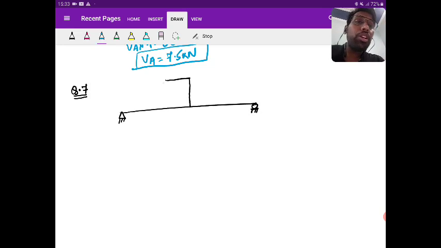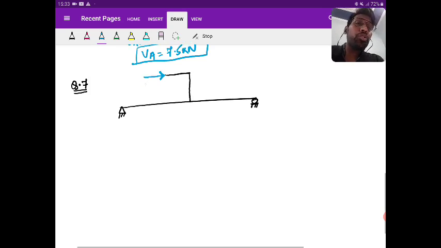But now the load is not vertical but acting in the X direction. So again the load is 10 kilonewton. 1 meter, 2 meter, 2 meter, 2 meter. So this is A, B, C, D and E.